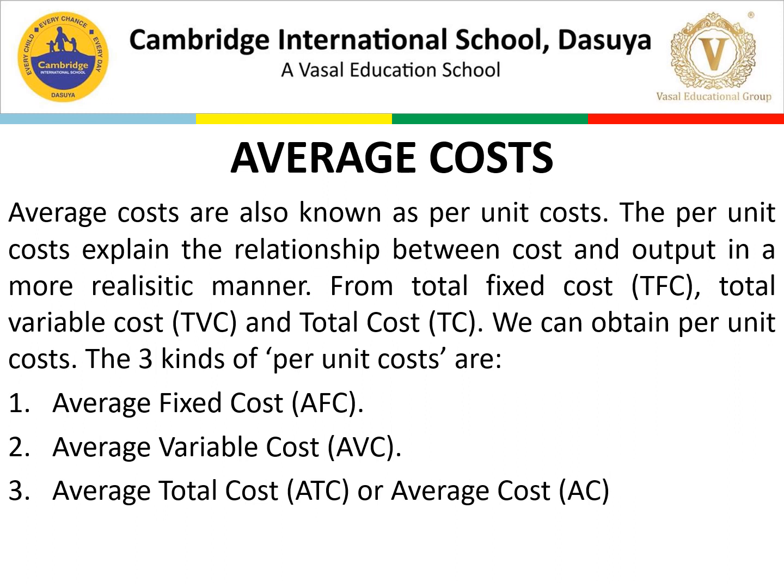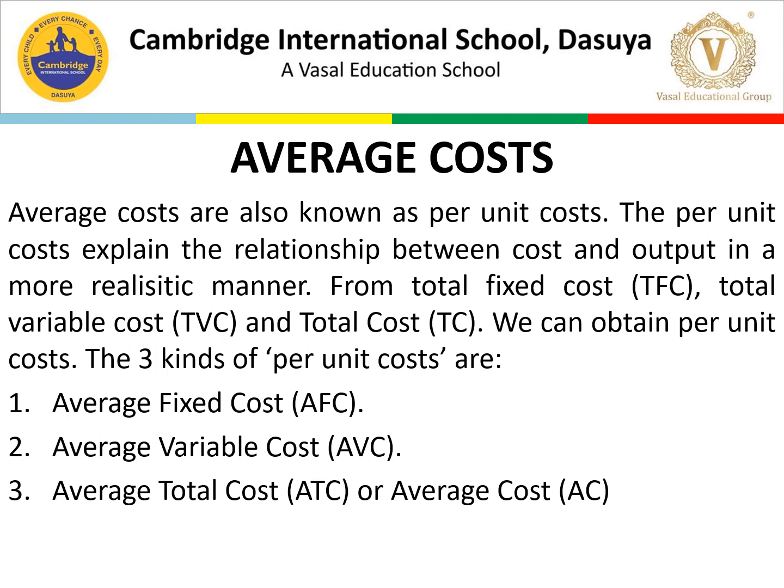The per unit cost explains the relationship between cost and output in a more realistic manner. From total fixed cost, total variable cost, and total cost, we can obtain per unit cost. Per capita is also the correct word. We have to find out only the one.